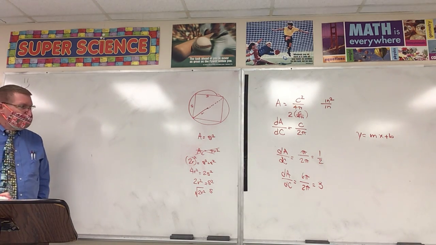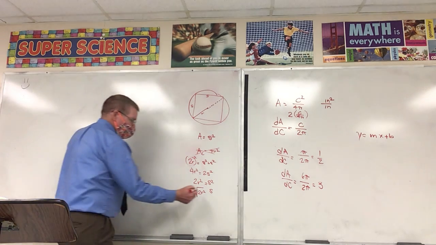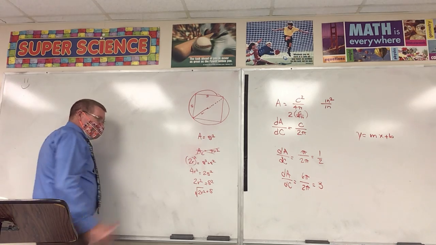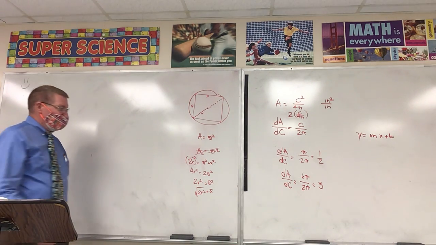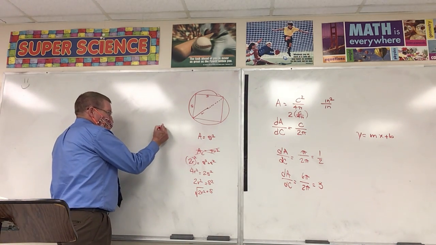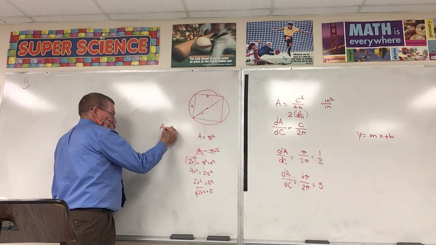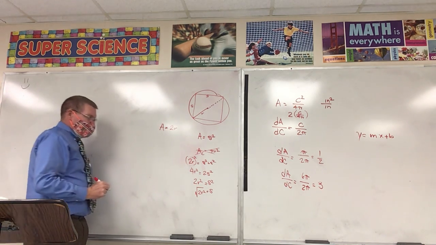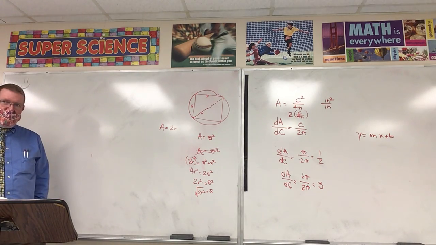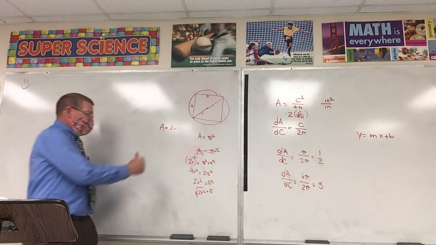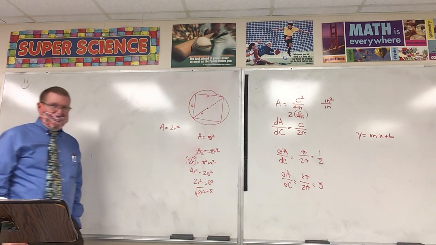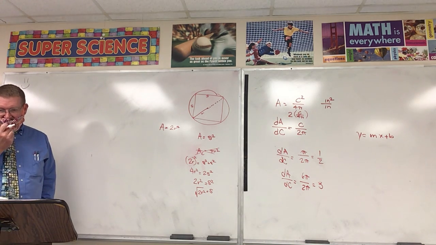So we put the s back in for my area of the square with respect to my radius: the square root of 2r squared, squared, would be 2r squared. So there's my formula.